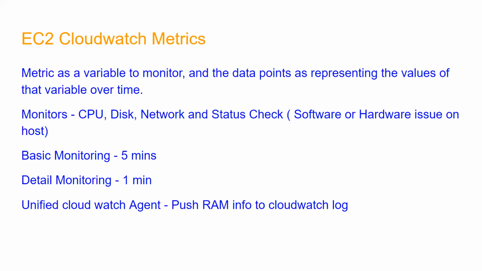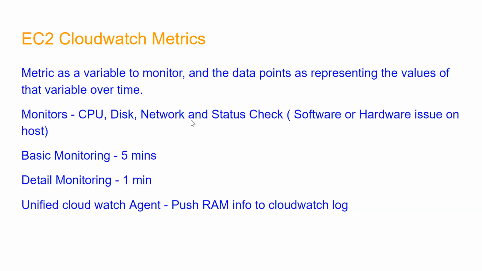Until you get 2/2, you are not able to access your instance. So what are those two checks? One check is for your software issues, and the second is for your hardware issues. I'll log into the management console and show you what exactly is in the status check. With metrics, you are observing CPU, disk, network utilization, a variable over time. So you might have your x-axis as time, and the y-axis could be values of these parameters.